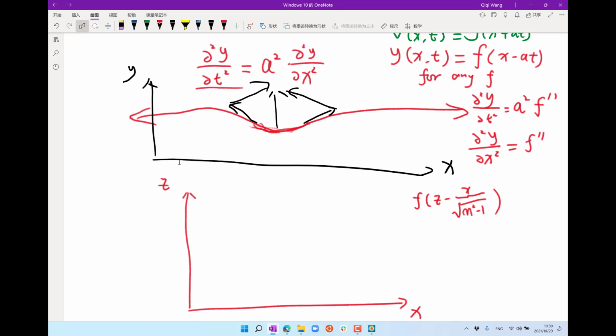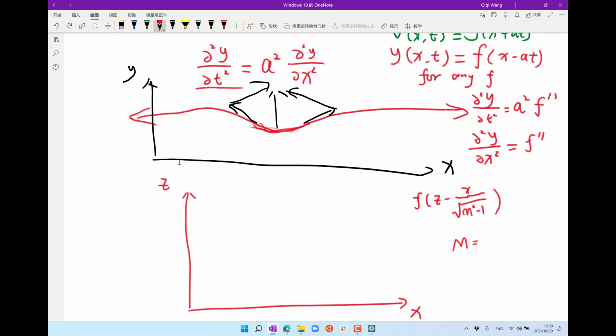Just to make things a bit simple, let's say m equal to 2. Okay, so let's actually stick to the case where we look at the video.